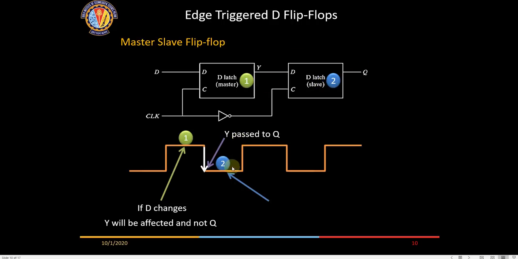Now when the clock is going low, even if D changes, nothing is going to happen to Y because it is immune to the changes. Y remains unaffected, and that Y is remaining at Q. So essentially, the data is being fed only during the clock going from high to low. Only at that instance will this data be transferred here.